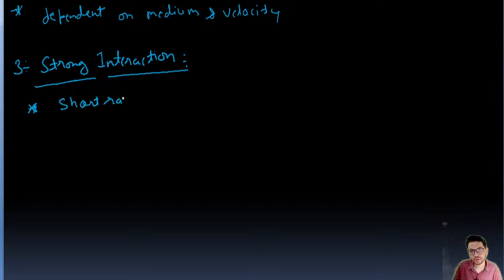They are short range forces between the particles, where the distance is very short, guys. Like in nucleons, the force between nucleons, the nuclear force, that comes under strong interaction. Next is charge independent. So they are charge independent.